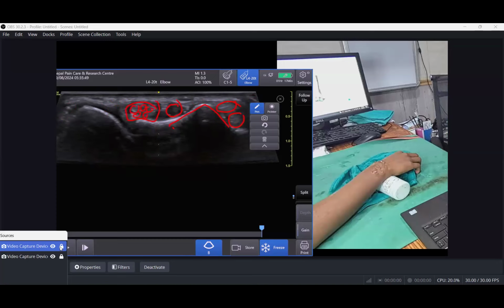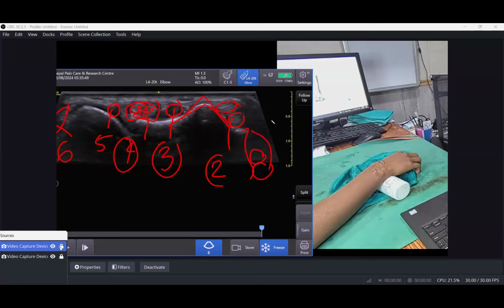So this one is compartment number 5 and this one is compartment number 6. 6, 5, 4, 3, and then comes the Lister's tubercle and compartment number 2, and here will be compartment number 1. Our main clinical importance is this area, compartment number 1, where de Quervain tenosynovitis occurs.